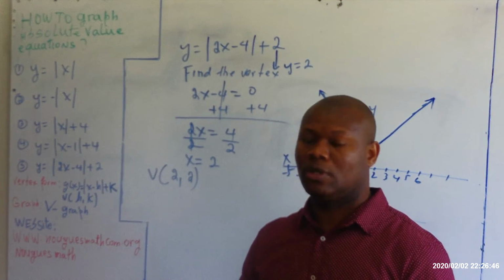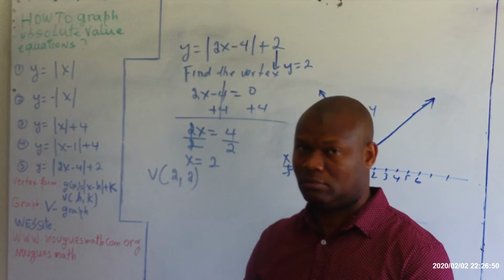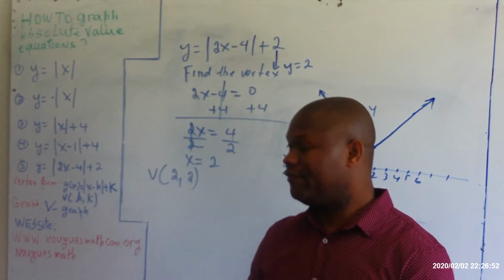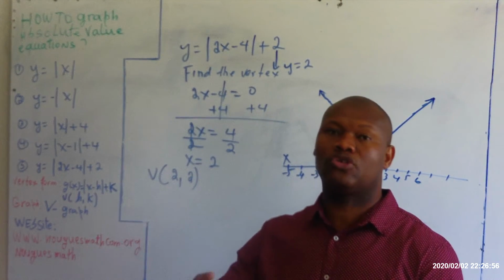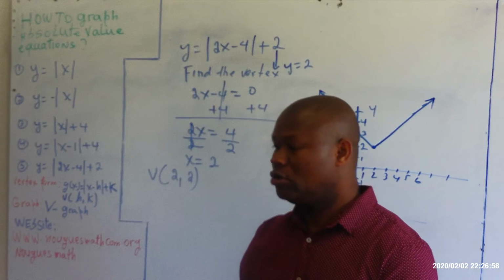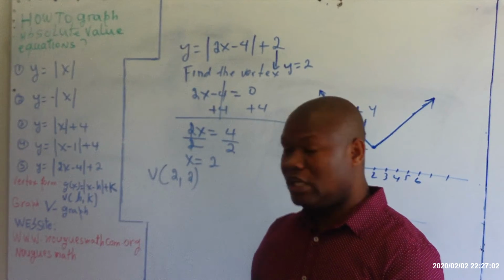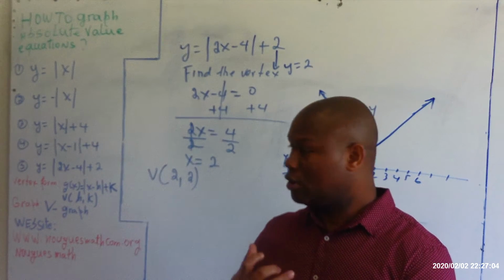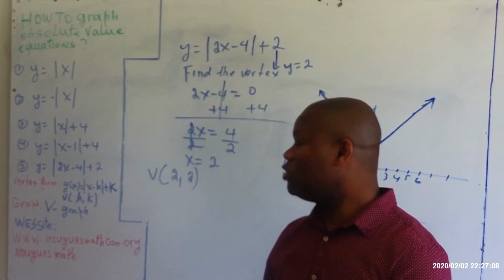Very important. You can use a table of values to graph any equation. That's very basic, okay? After the table of values, you can use other techniques to graph any equation, but table of values is the first technique you must know.